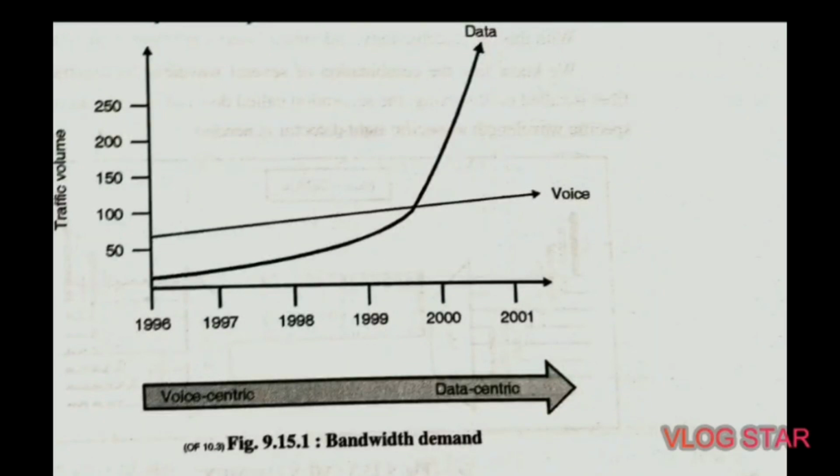Next is DWDM. The attenuation and dispersion problems in fiber limit the practical speed and distance of communication. They were partially resolved by use of the erbium doped fiber amplifier, that is EDFA, eliminating problems caused by attenuation.